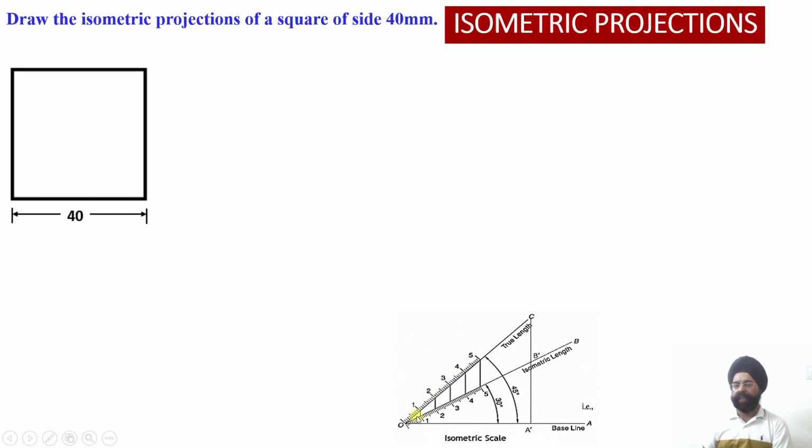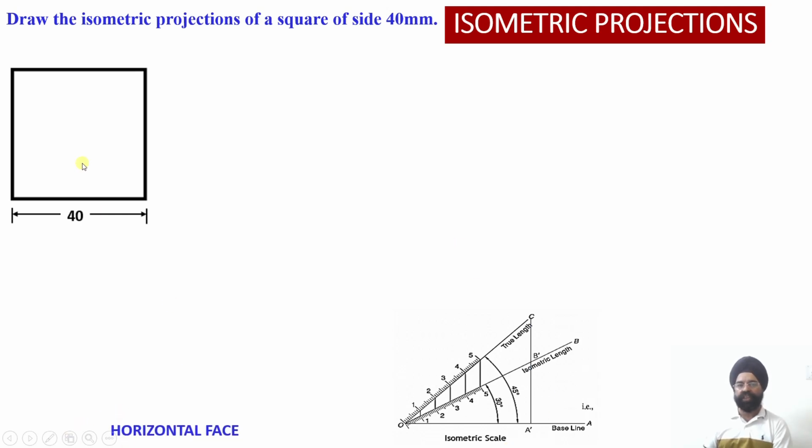From this 40 millimeter, the isometric length corresponding to 40 millimeter will be worked out. This will be 32.8 millimeter. So on the isometric scale it represents 40 millimeter, but practically on the true scale it measures to be 32.8. That is, the isometric dimension is equal to 82% of the overall dimension.